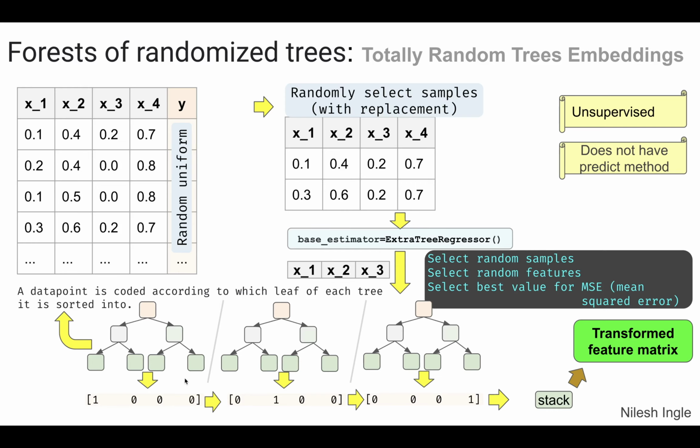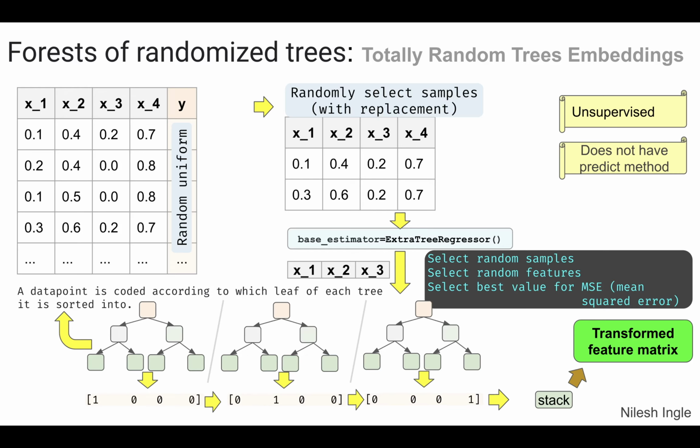All others can be flagged as zeros, and then all of these can be stacked together to get the final transformed matrix. And from what I've tried to find, the y value, when we try to fit the forest, could be random uniform values that are used during the construction of this tree.